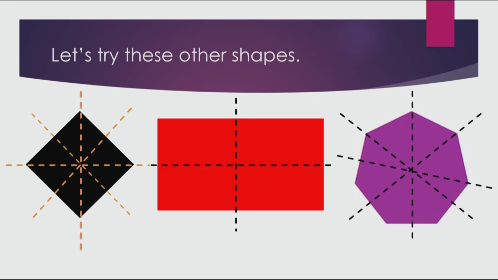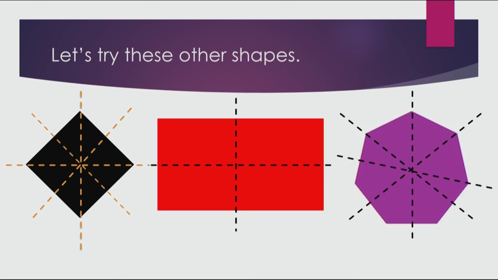So the first one, it has how many lines of symmetry? 4. The second one, 2. And the last one, do you think that's enough, or are there some lines of symmetry missing? There are some lines of symmetry missing.